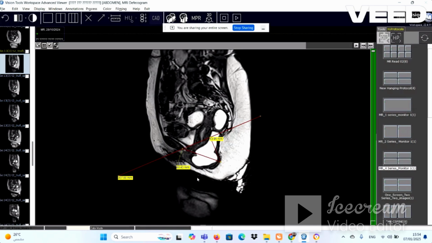We are applying also a rule of 2; between 8 and 10 centimeter it is moderate degree. So in conclusion, we have a moderate degree of posterior compartment prolapse and a mild degree of anterior and middle compartment prolapse. And this we can call collectively descending perineal syndrome. Thank you so much.